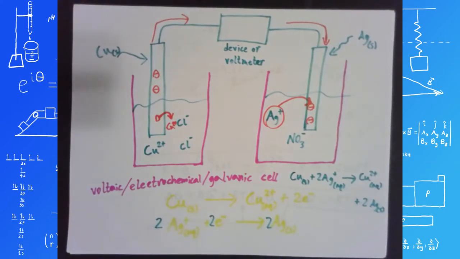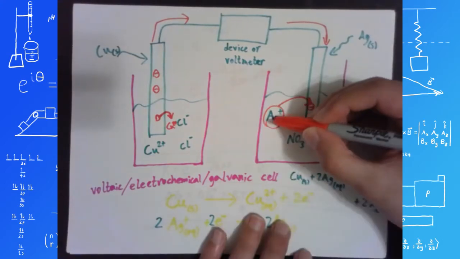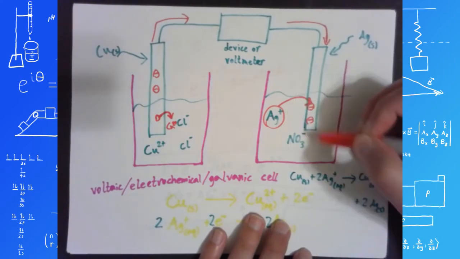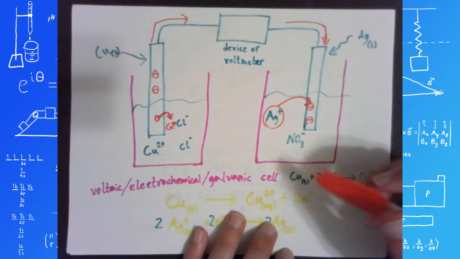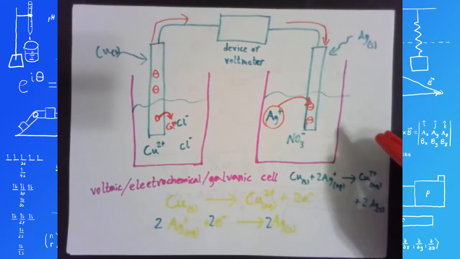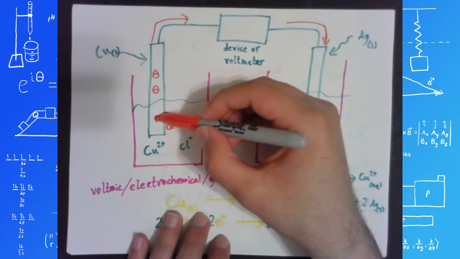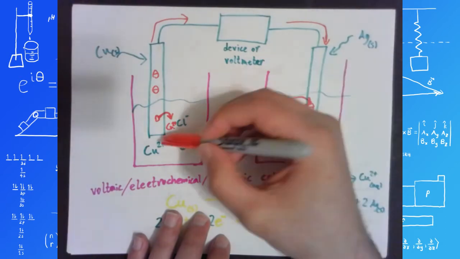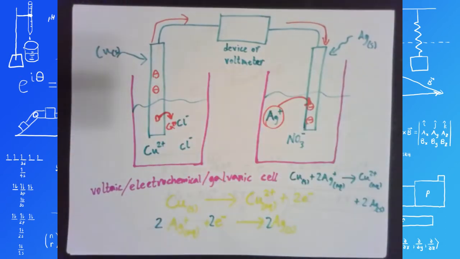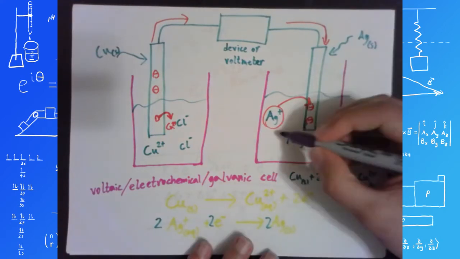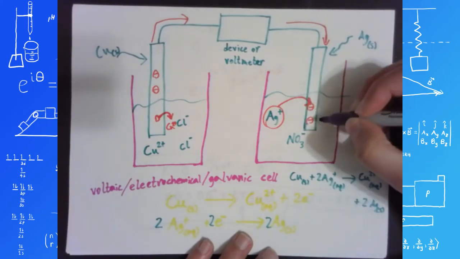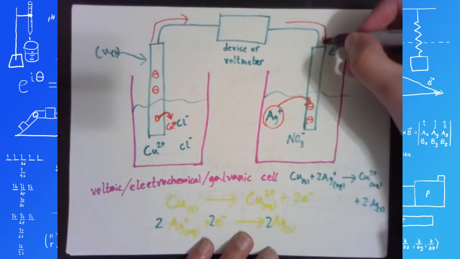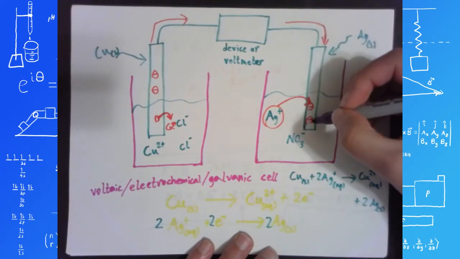But this creates a bit of a problem because you're removing positive charge from this solution, leaving behind some nitrate ions, so the overall charge in the solution is now negative. And over here, you're adding copper ions, and the overall charge of the solution is becoming more positive. This is a problem because if the charge of the solution over here gets negative, well, then it's going to start repelling the electrons that are trying to come down into the solution.